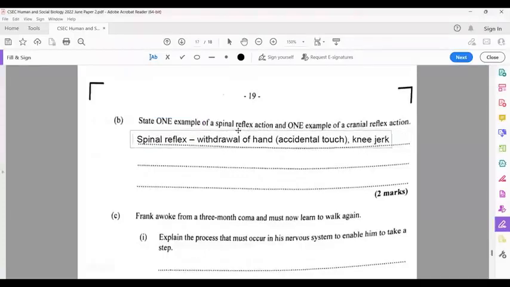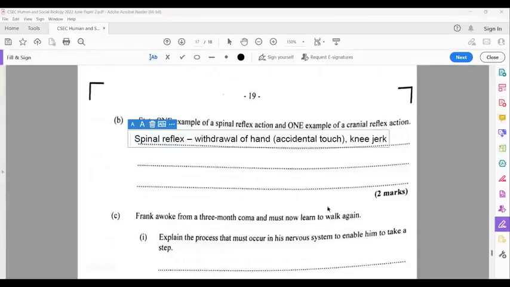So for spinal reflex, we have chosen withdrawal of hand. Like an accidental touch, if you accidentally touch a flame, you accidentally touch a hot pot, that's a spinal reflex. The knee jerk is a very popular one. Many candidates would have chosen knee jerk.